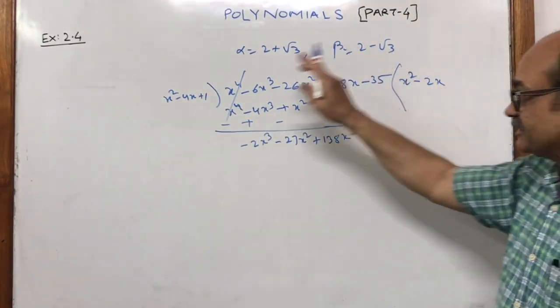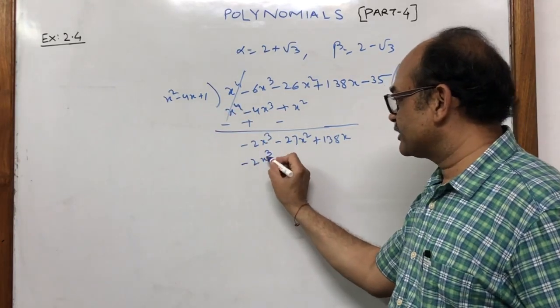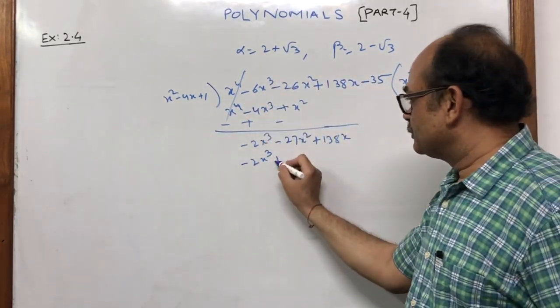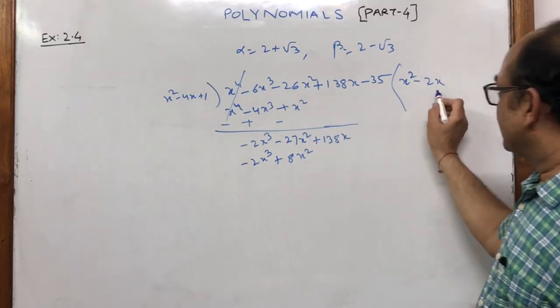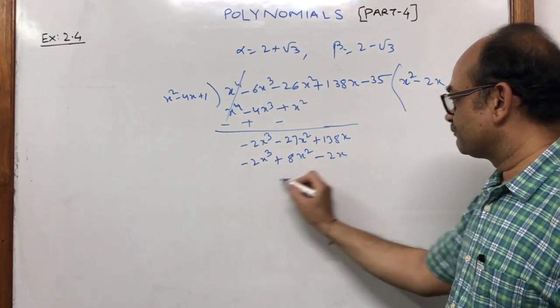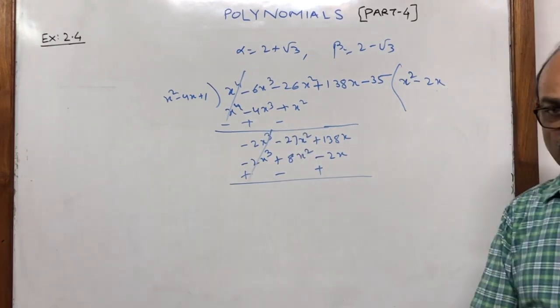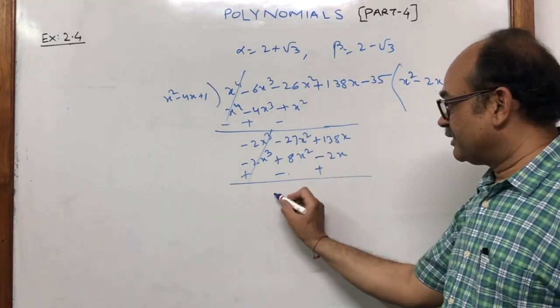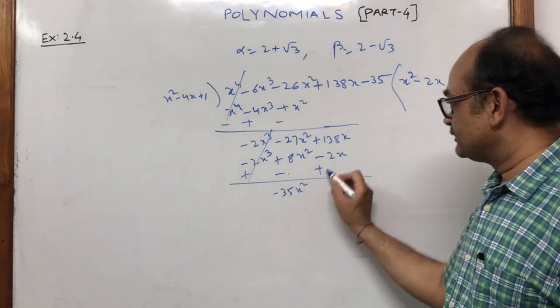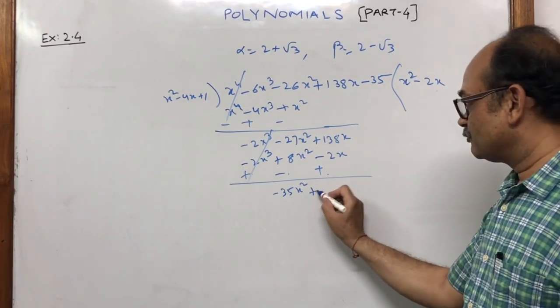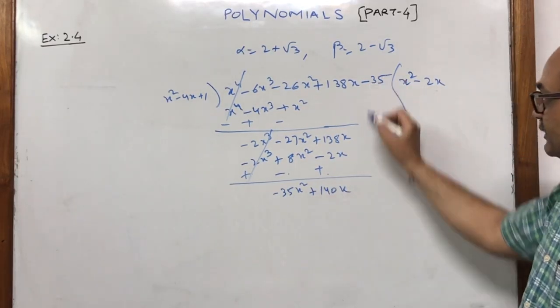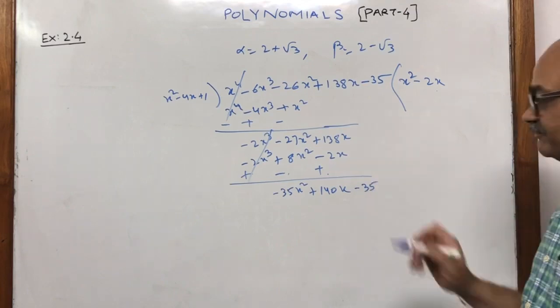So minus 2x into x square gives minus 2x cube, minus 2x into plus 8x square, and minus 2x. Again subtract. What are we getting? Minus 35x square and plus 140x. Here it is minus 35.